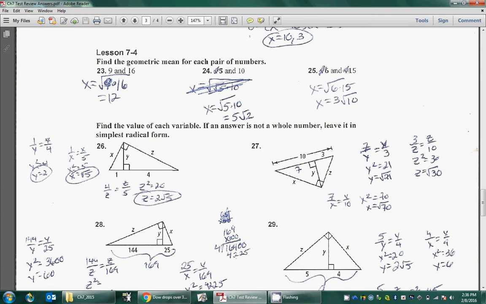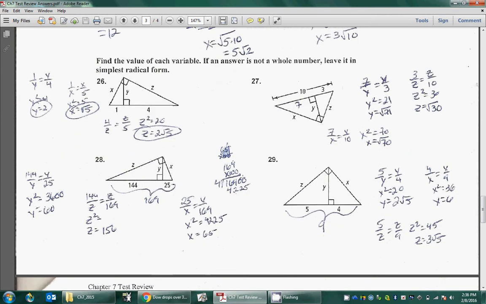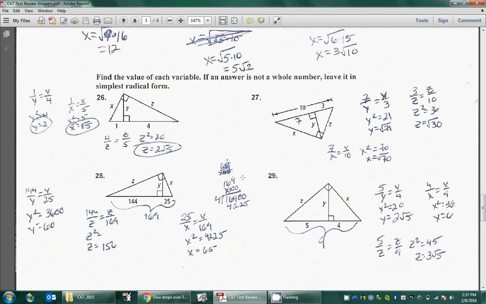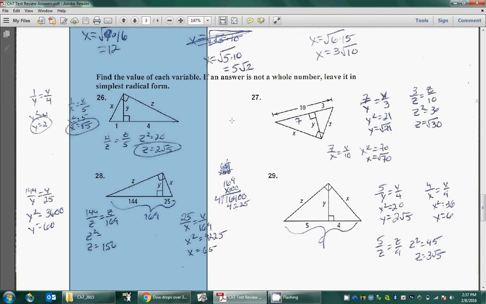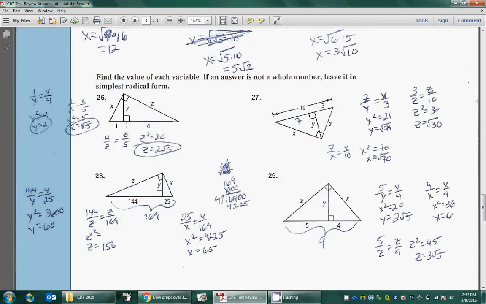So when I look at 26 through 29, all of these I'm taking the geometric mean. Okay? And there's really only two rules here. Either the centerpiece is the geometric mean between the two parts that it touches.